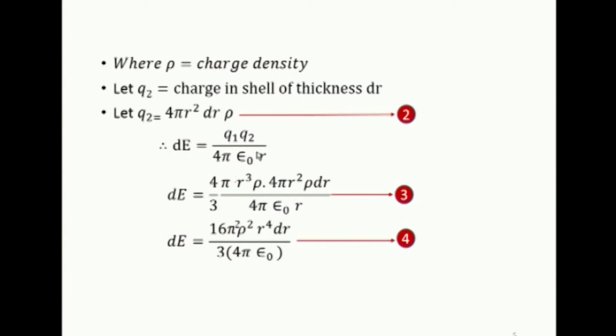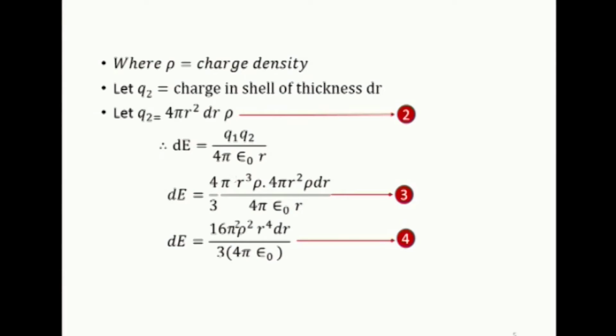We substitute for Q1 and Q2 and get the final result, dE. Simplifying, we get 16 pi rho squared r to the power 4 dr by 3 into 4 pi epsilon 0. This is the energy required to add that shell of thickness dr onto the sphere of radius small r. Now we have to add many such shells. When you are adding up many such shells, mathematically it means we are integrating.